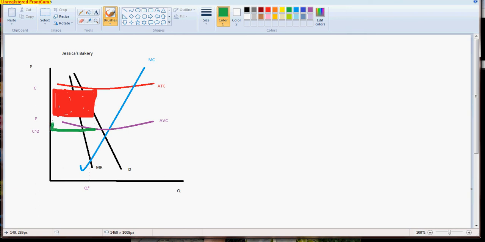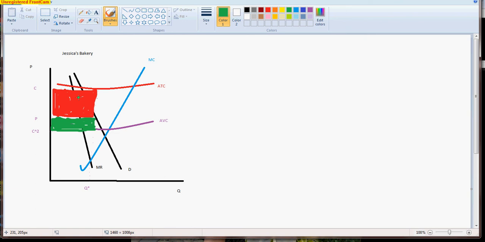So this is why you would want to remain open in the short run, just because your average variable costs are still below the price that was set at the demand curve for this individual firm. So since your variable costs are still lower than your average total cost, you're still making technically some profits, even though your overall total costs are exceeding your revenues.